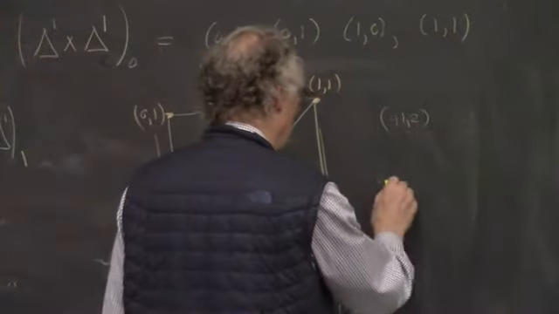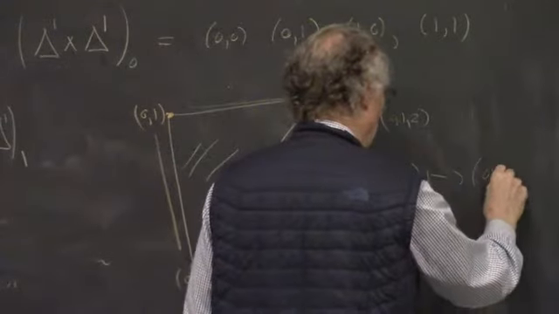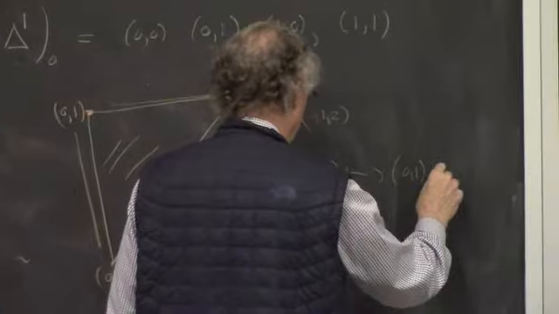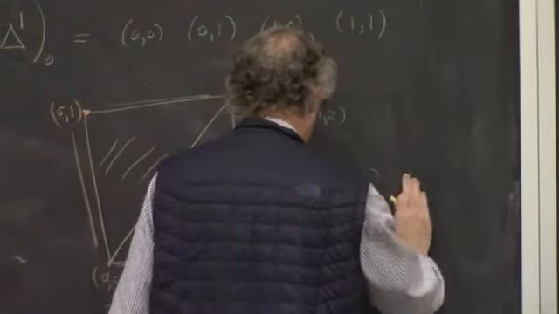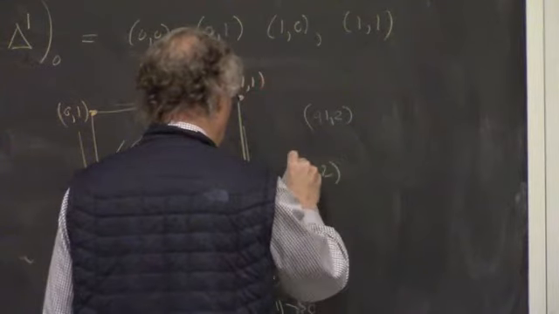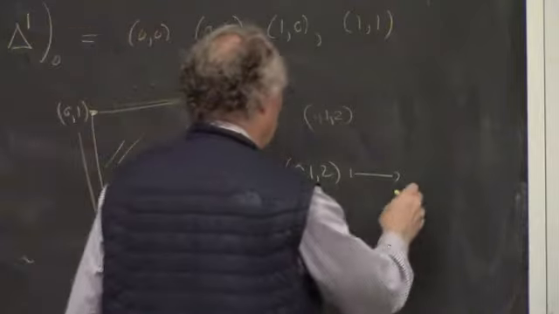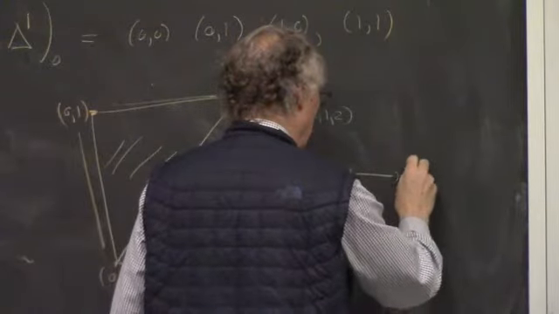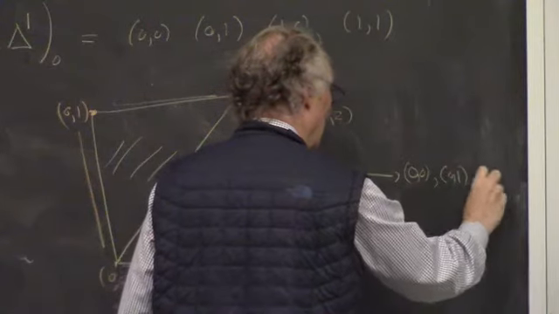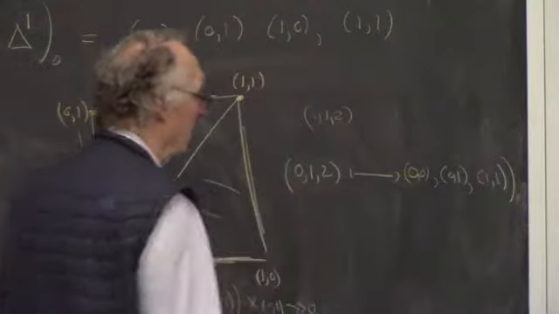So 0, 1, 2 could go to 0, 1. So 0, 1, 2 is supposed to go into pairs, right? So it goes to 0, 0, 0, 1, 1, 1. That would be one possibility.